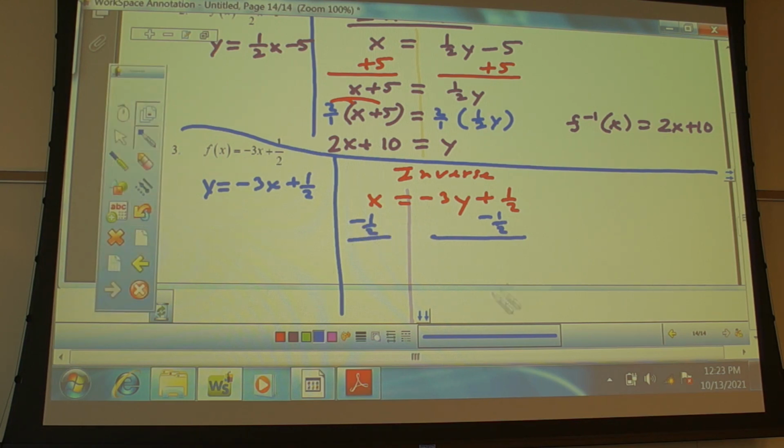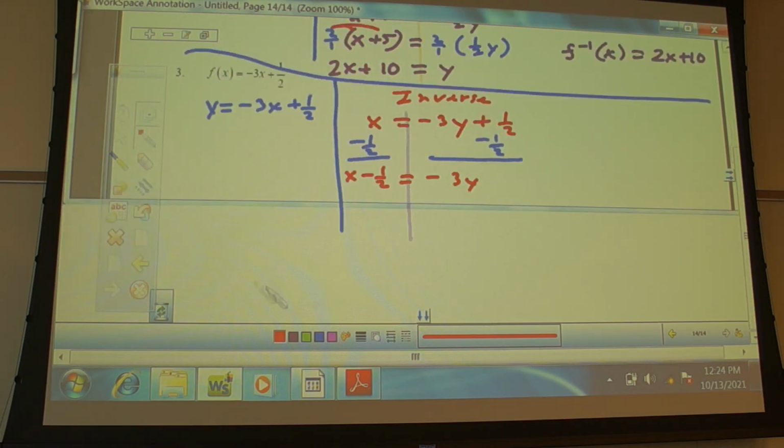And you got x minus 1/2 equals negative 3y. And then I think what most people did was they multiplied both sides by negative 1/3.